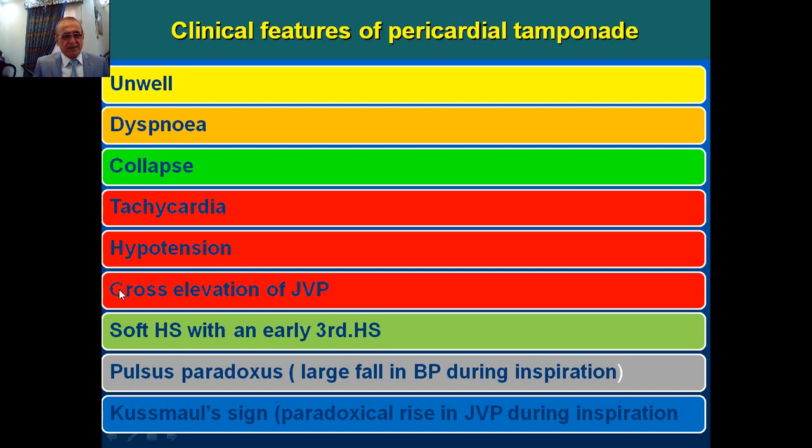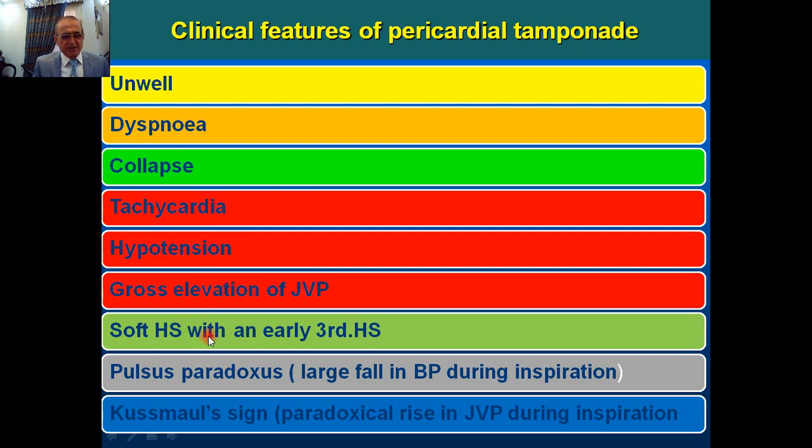The sequence of cardiac examination, as you know: general, well or not, pulse, blood pressure, JVP, and then precordial examination, not pericardial, precordial examination. So he will look unwell and sometimes dyspneic. The pulse is tachycardia, probably with a weak volume. Blood pressure will be low, and the JVP will be raised.